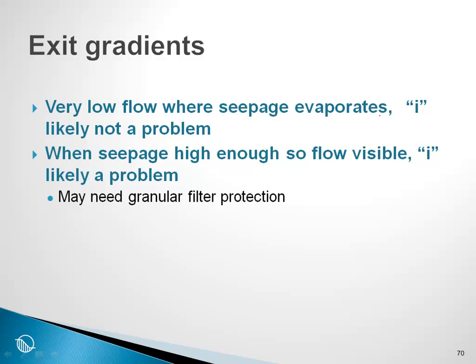On the other hand, if the seepage flow rate is high enough so that we can visibly see the flow, then the exit gradient likely would be a problem, and some form of a granular filter protection would likely be required. My point here is that we need to think about more than gradient. We also need to talk about quantity of flow.